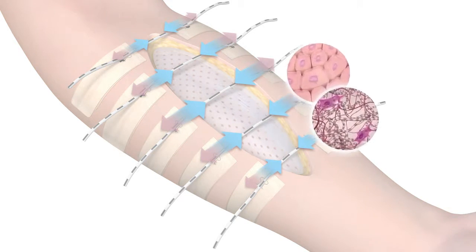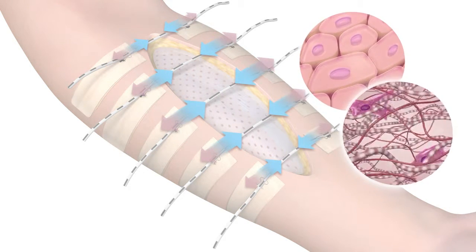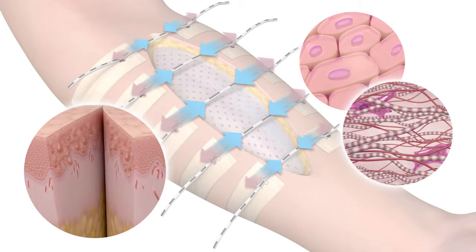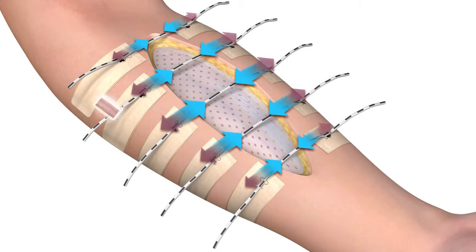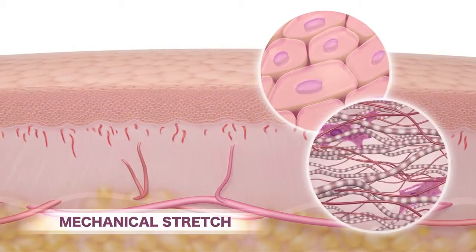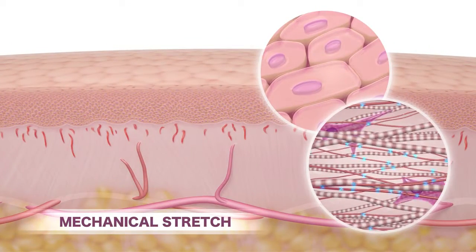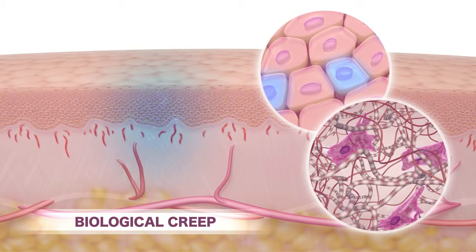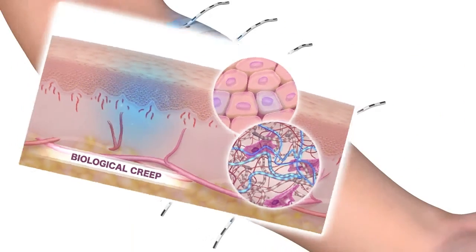The unrelenting traction restores skin's elastic integrity and minimizes granulation, preventing a chronic wound state. A gentle increase in dynamic tension triggers mechanical stretch and biological creep that promotes skin movement and new skin growth through an entirely natural process.